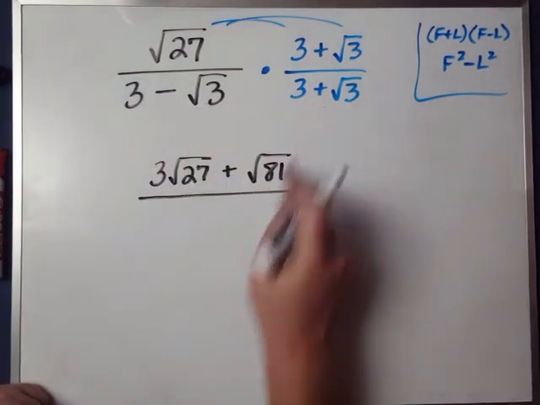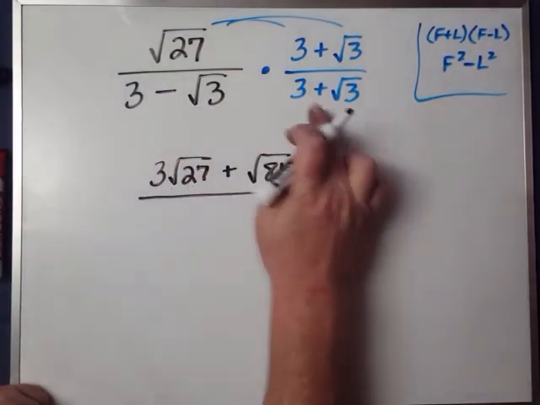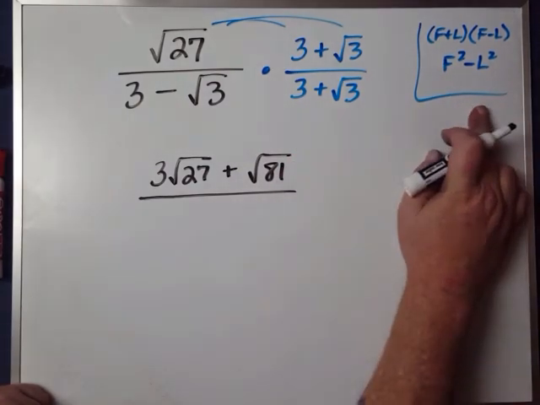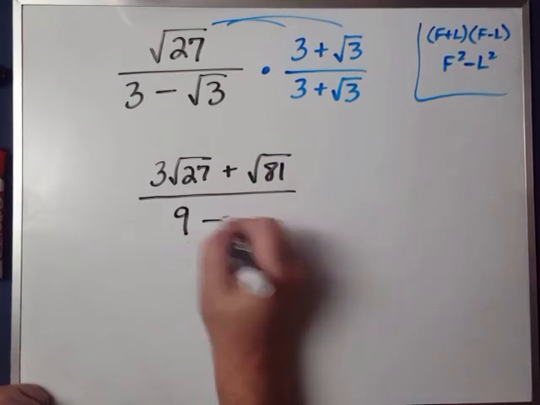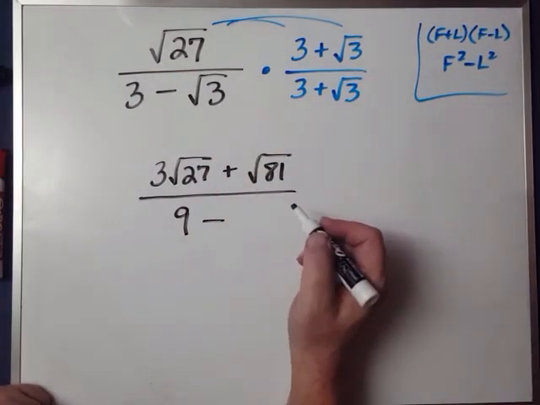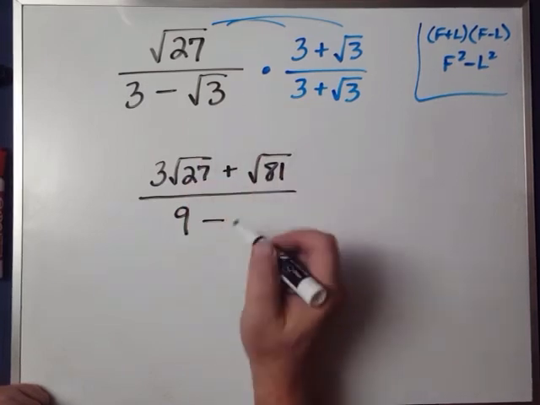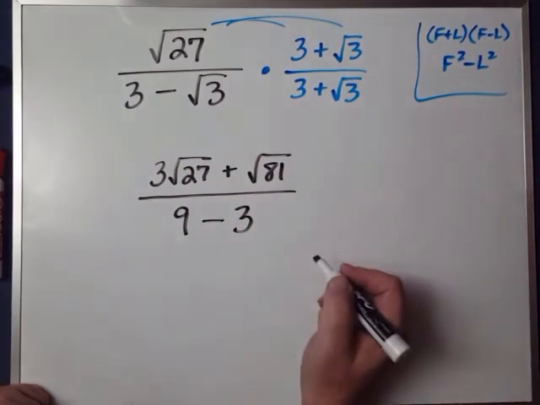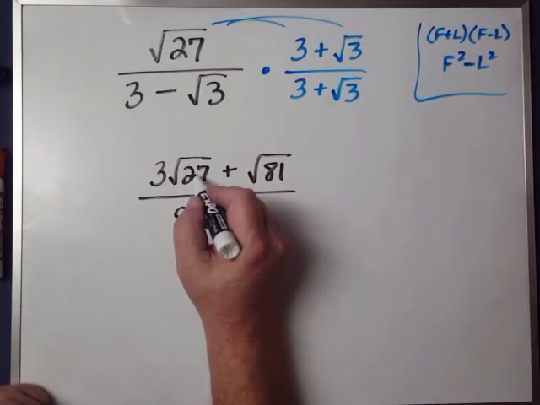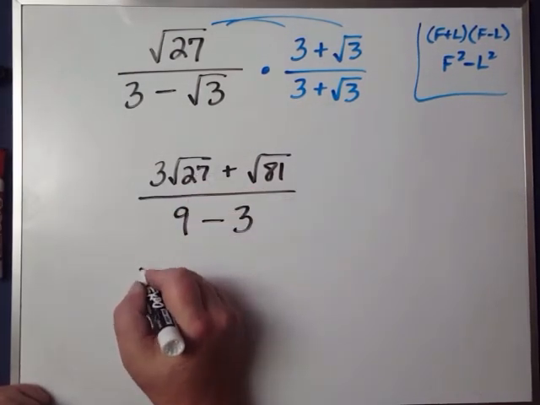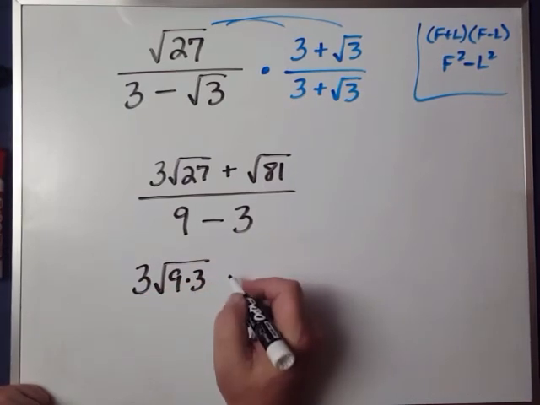I want to concentrate on what we're doing here in these denominators. We're multiplying conjugates. So I will get what? The first squared, 3 squared is 9, always minus the last squared. Square root of 3 squared is just 3. Let me go ahead and start simplifying here in the top. That 27 is 9 times 3.